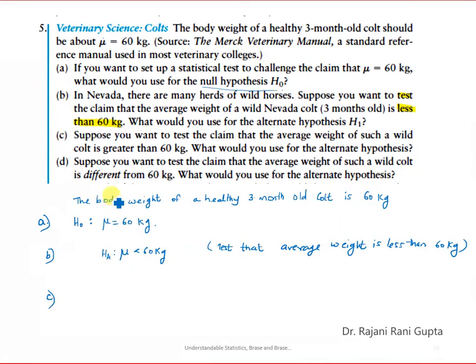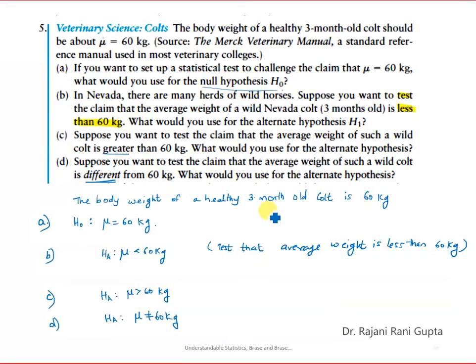Similarly for C, suppose you want to test the claim that the average weight of such a wild colt is greater than 60. So here HA will become mu greater than 60 kg. And D, suppose you want to test the claim that the average weight of such a wild colt is different. Now the word is different, so you're not talking about more or less. You are just saying that it is not 60 kg, it is different.